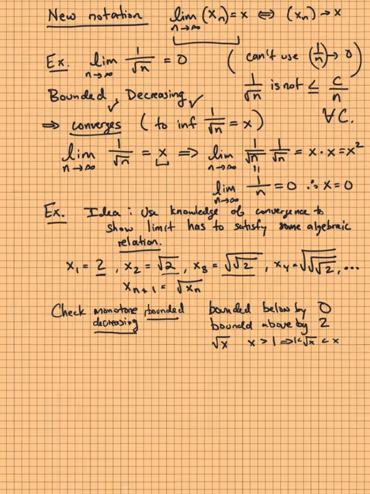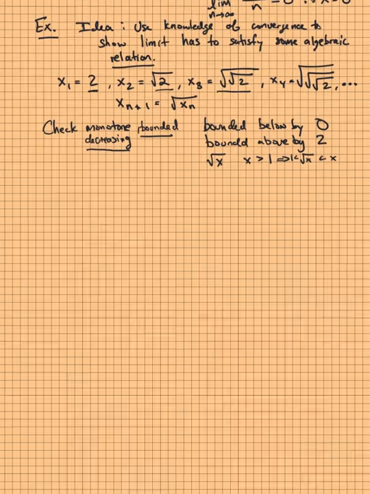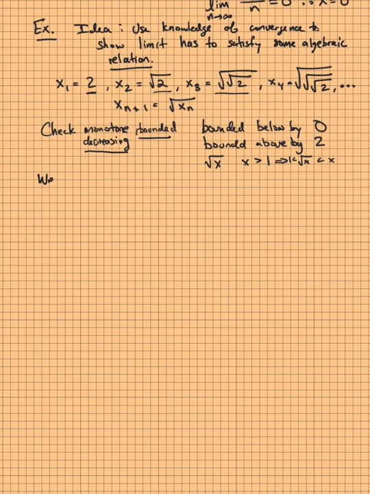Okay, so therefore, we know that this sequence converges. That the x_n's converge to x. Okay, but notice that we also know that the sequence x_{n+1} converges to x. Right?